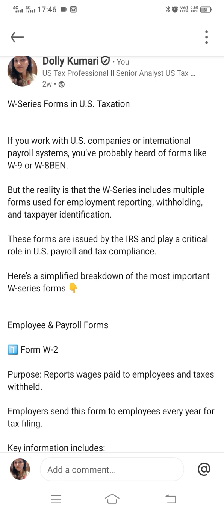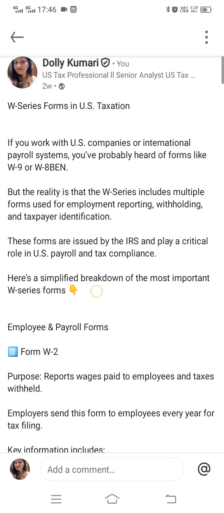In this W2 you will see the wages, the tips, the bonuses and everything, and you will see what tax is withheld by the employer from the employee. The employer sends this form to the employee every year for tax filing.